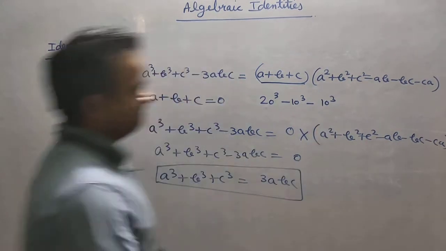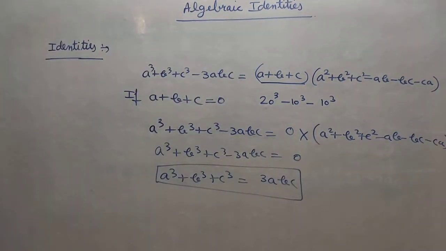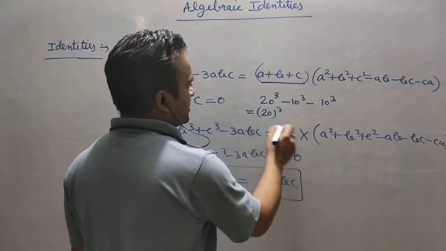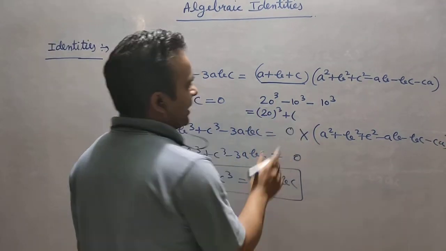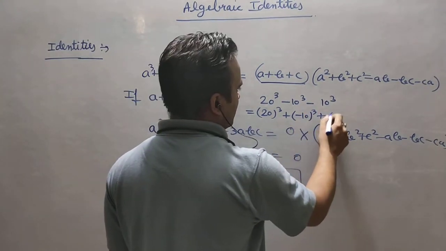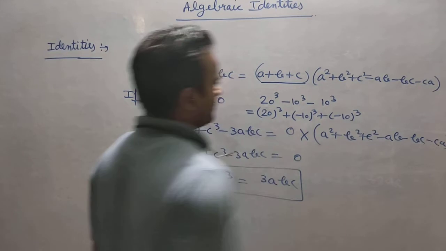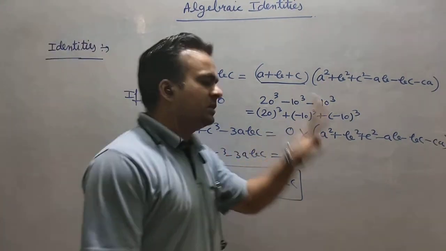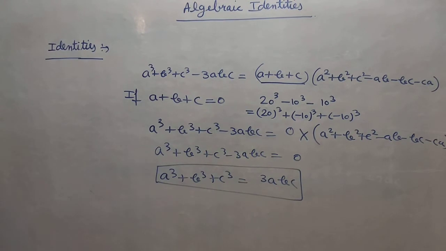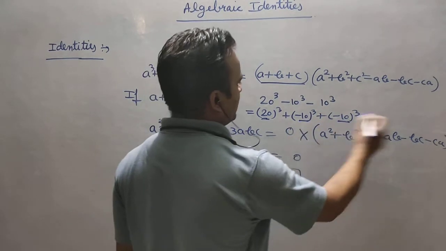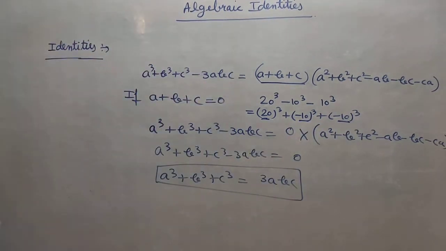How will you write it? 20 cube is this, because if there is a minus and a cube, we can write it like this, because ultimately it will be minus. Why are we doing plus? Because the formula is in plus, so we have changed the symbol here. If you expand it, you will get the same result. So it means here a is 20, b is minus 10 and c is minus 10.